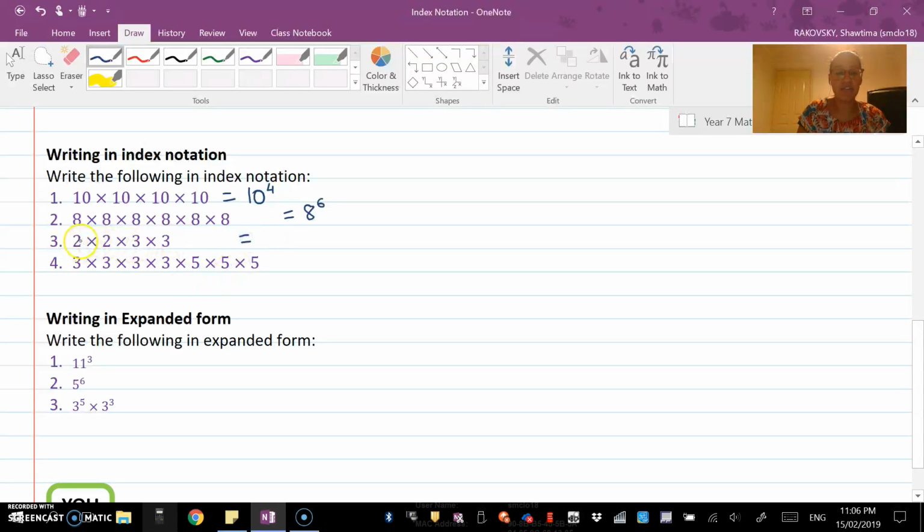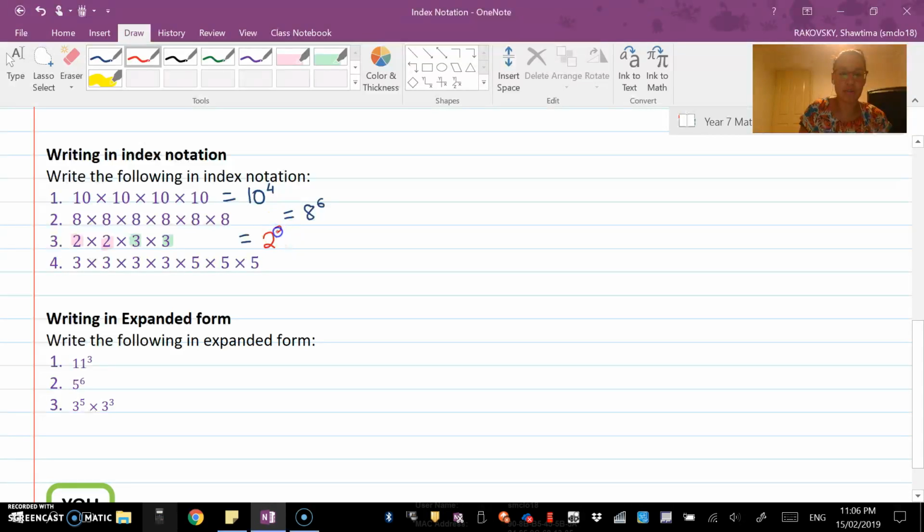Let's look for the bases that are the same. So I've got 2 2s, and I've got 2 3s. Just to give you an idea, my base is 2 and it appears twice.